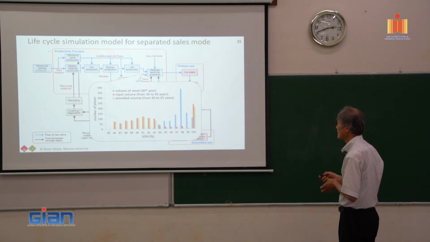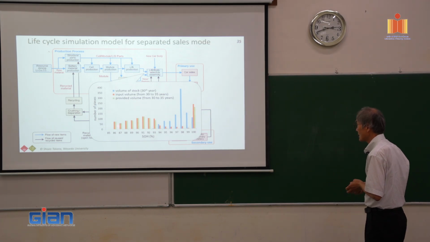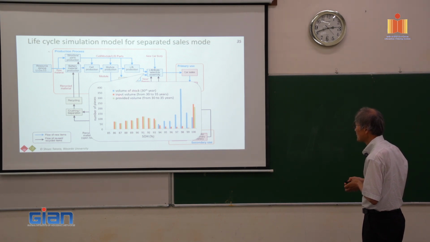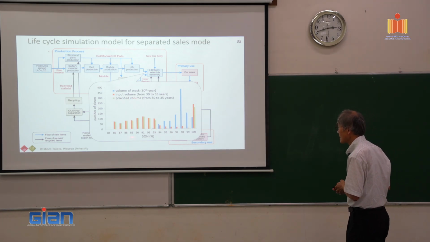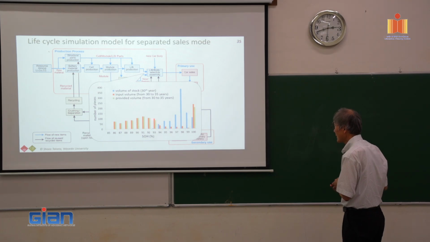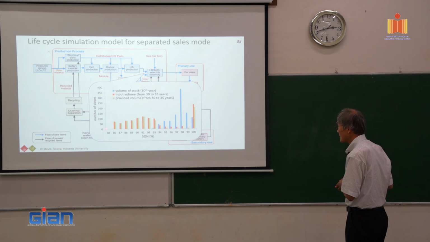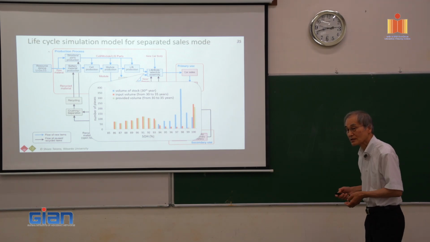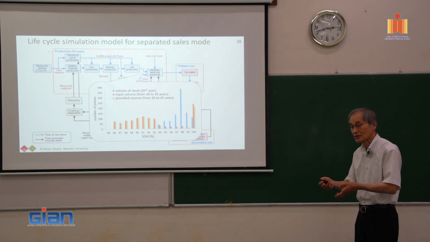So in the input of this process, if you look at the SOH and the volume stock, input volume, provided volume, then you can see that the lower SOH input and provided value coincide with each other, but here there is a big volume of the stocked leaves that are not provided to the user.